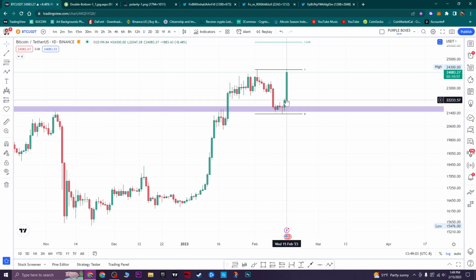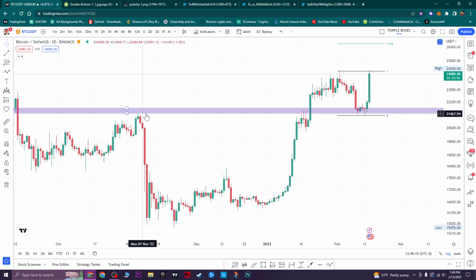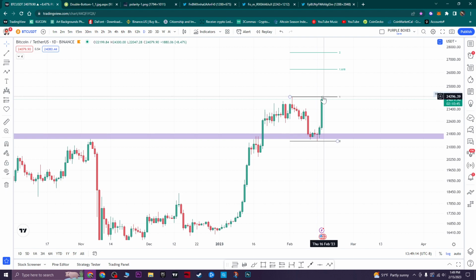And then a big move up, a rejection. We used this previous resistance level, and now we are using it as support, right? And we are seeing a 9% candle. This is a bullish engulfing candle.